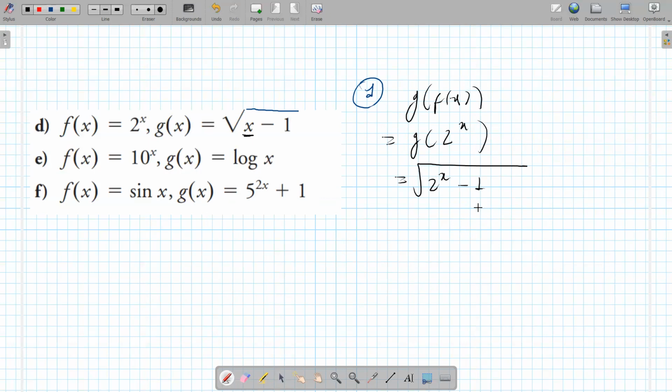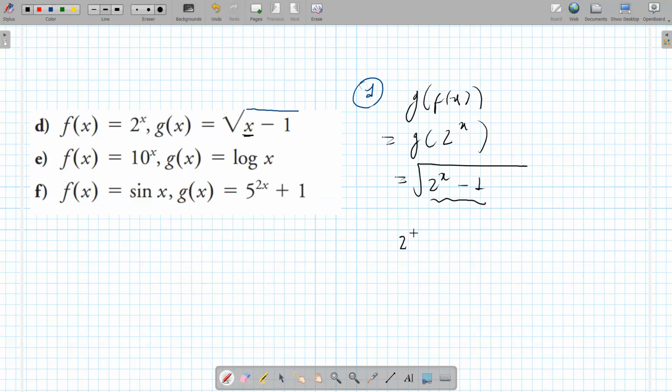Now this one's a little bit complicated, I think. It's a square root function, right? What's the range of a square root function? It's going to be y greater than or equal to 0. What about the domain? You can't have a negative number in here, yeah?